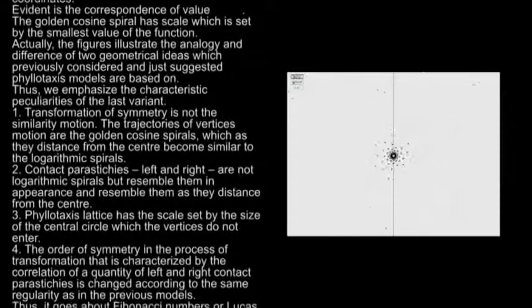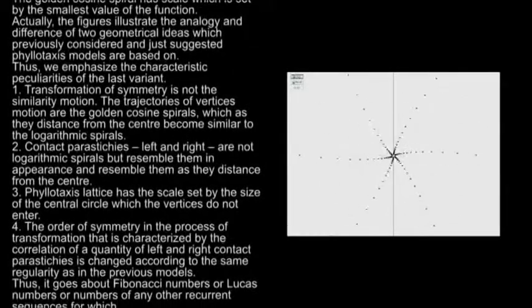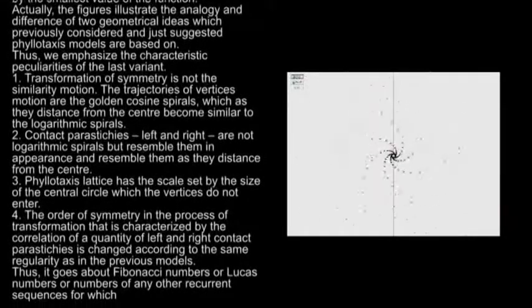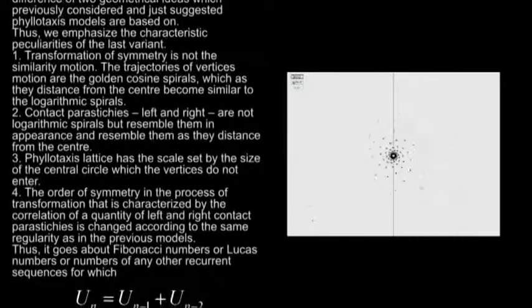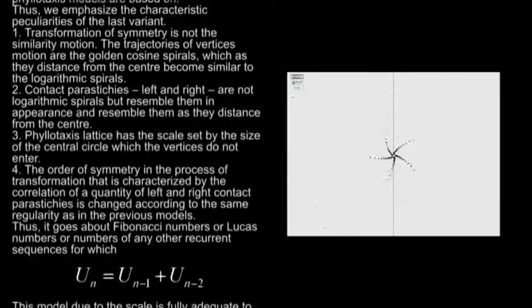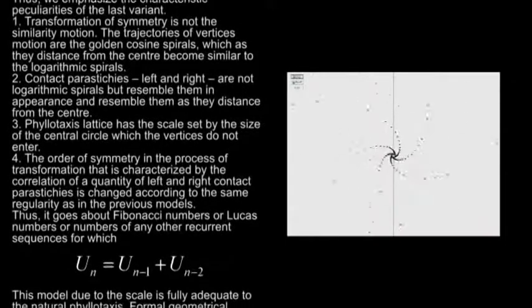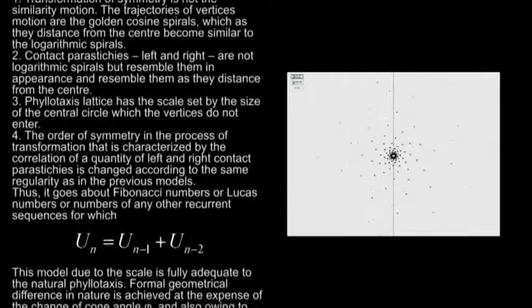Secondly, the left and right contact parastichies are not logarithmic spirals, but resemble them in appearance, and resemble them more as they distance from the center. And third, the phyllotaxis lattice has the scale set by the size of the central circle, which vertices do not enter.